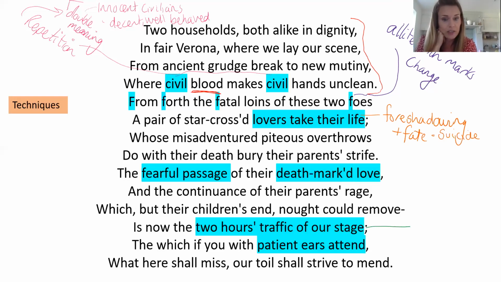And the alliteration marks that coming out of this, we have these two enemies. Coming out of the enemies, we have our lovers, which links to this foreshadowing of them taking their life. Again, we can argue that this is fate, which I've mentioned already.